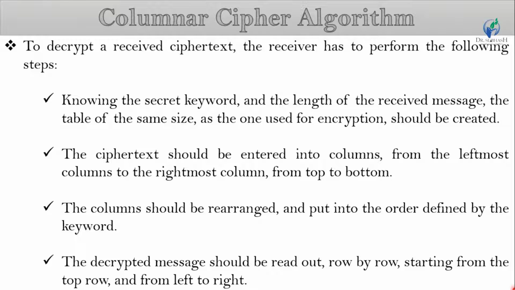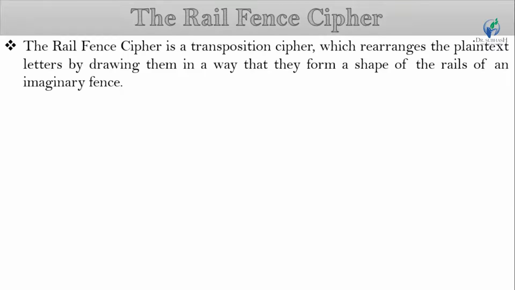Now I explain the rail fence cipher technique. The rail fence cipher is a transposition cipher which rearranges the plaintext letters by drawing them in a way that they form the shape of the rails of an imaginary fence. Now I explain the usage of rail fence.